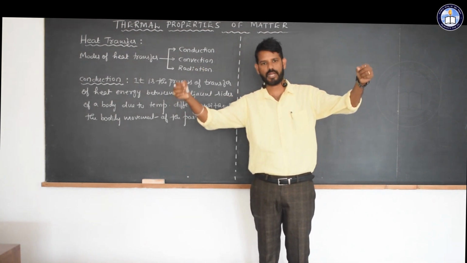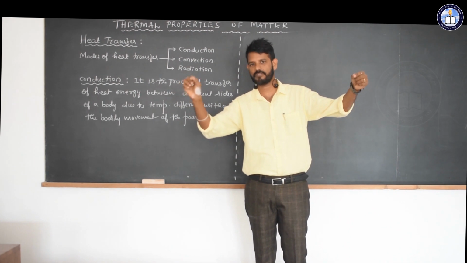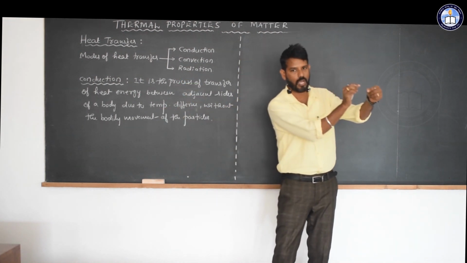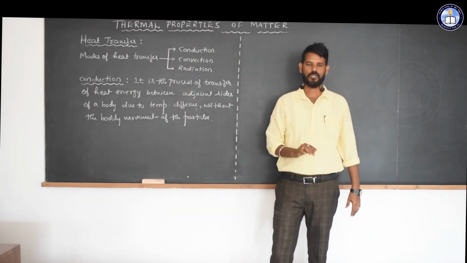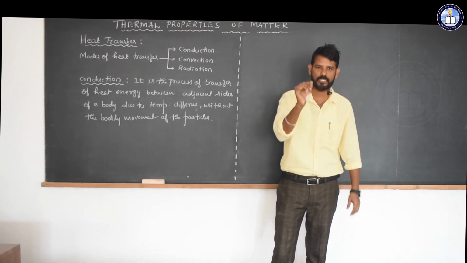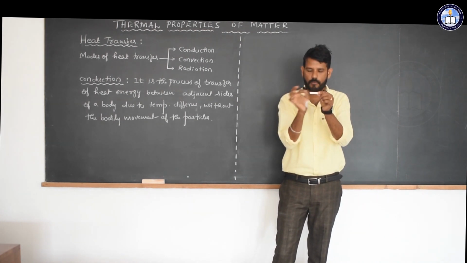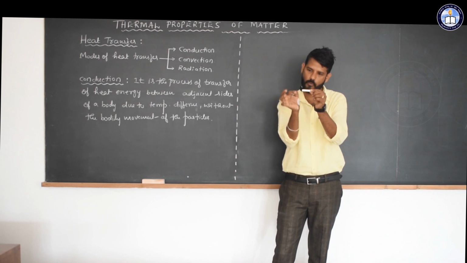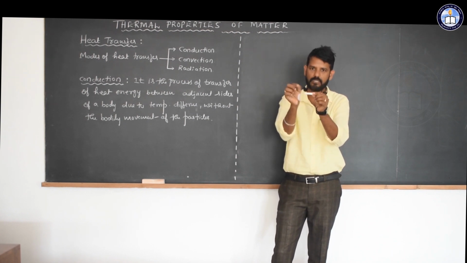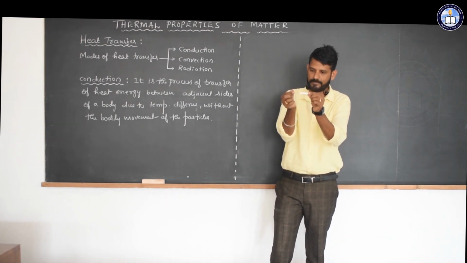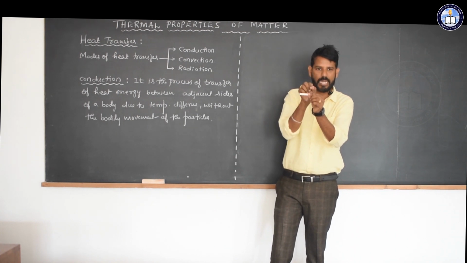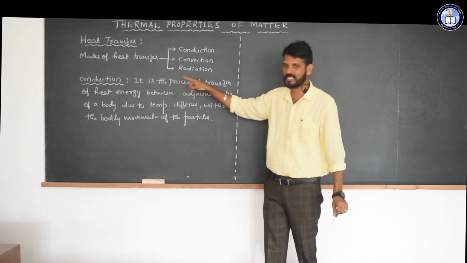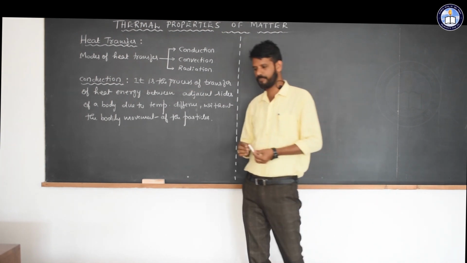If you heat one end of the rod, the heat energy will transfer from one end of the rod to the other end. You can observe that there is no transfer of particles from one end to another, but there is a transfer of heat energy from one end of the rod to the other end. The process is called conduction, okay?